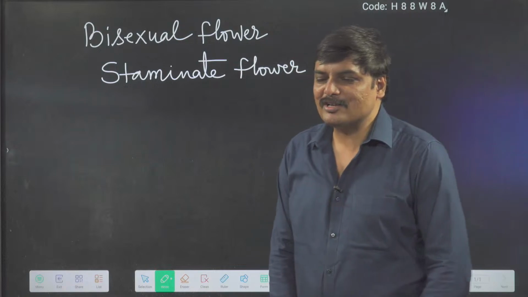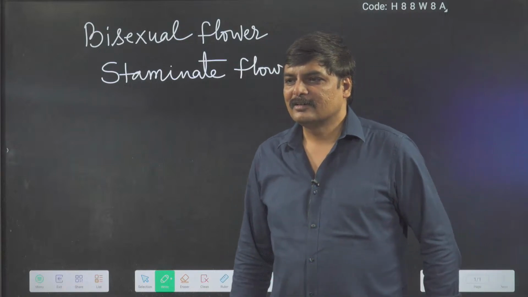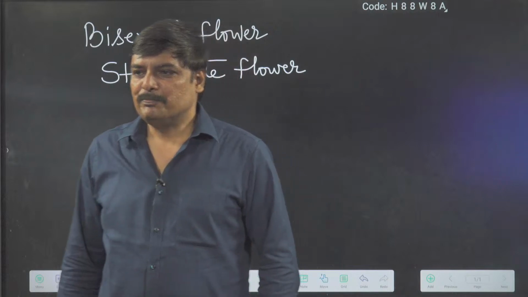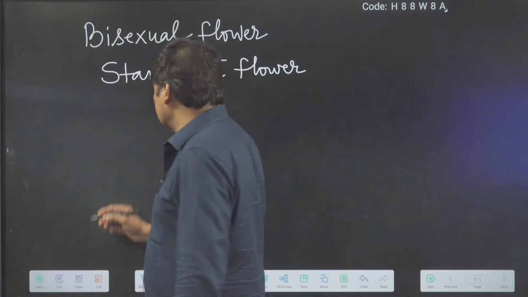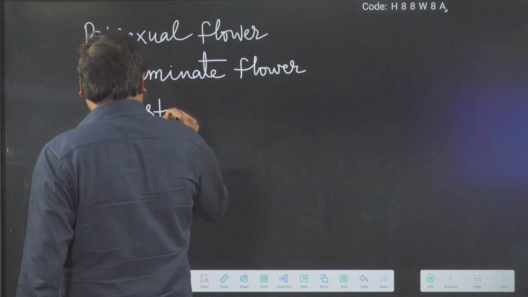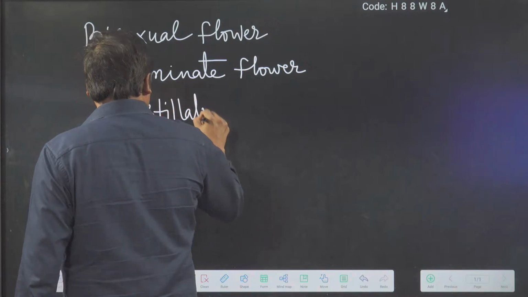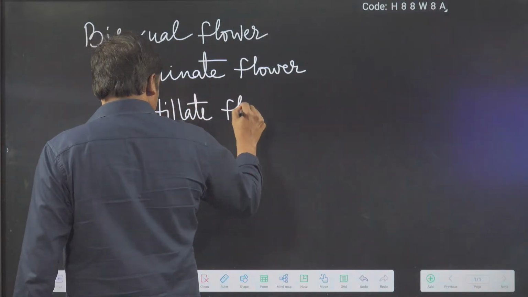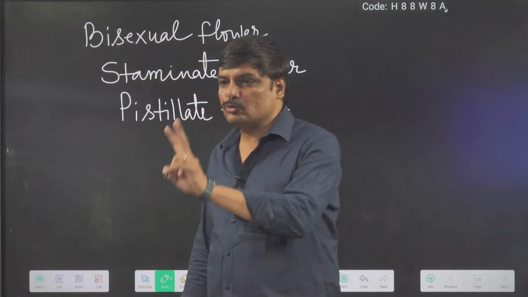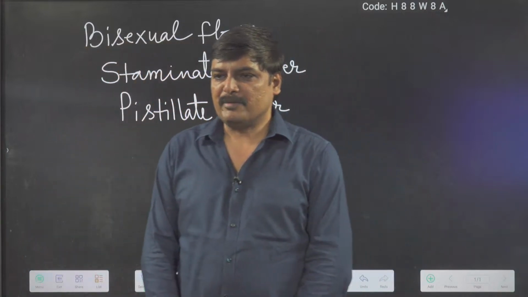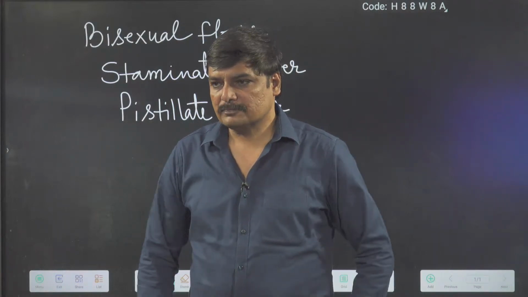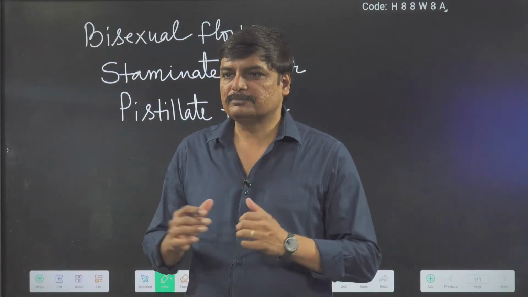Female flower is also called a pistillate flower. So unisexual flowers are of two types: staminate flowers and pistillate flowers. Okay, good.